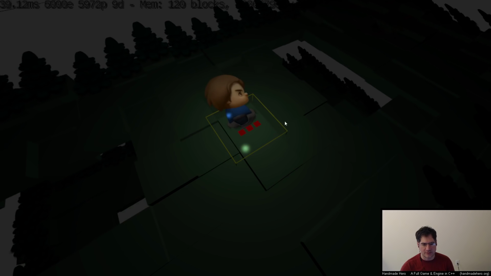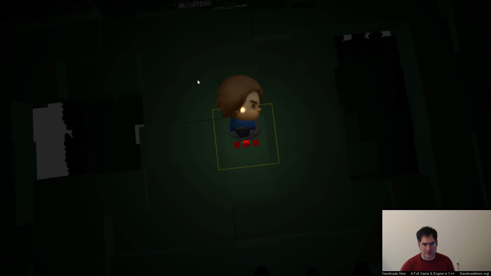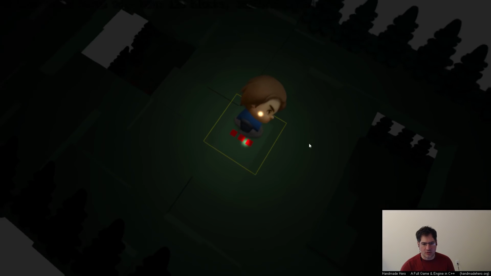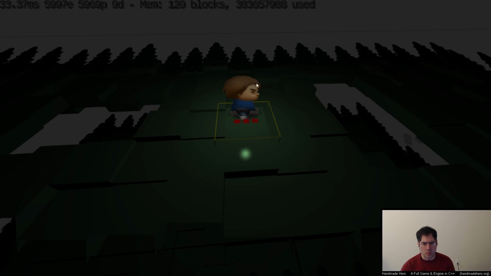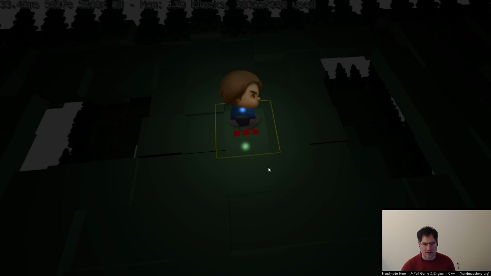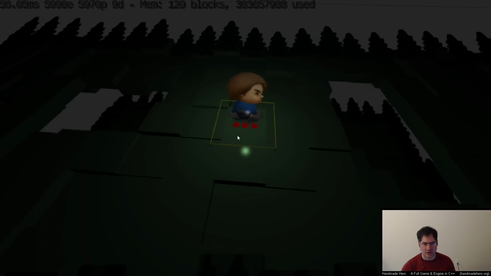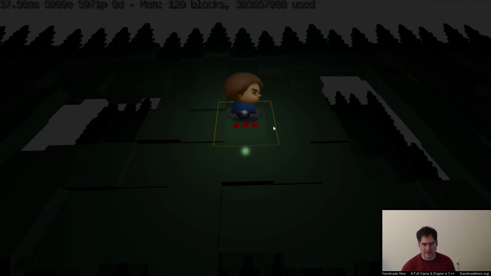So each one of these cubes, as well as the hero himself or any other sprite in the world, is all behaving with one particular reflection model. In this case, we only did a very simple Phong model, for example.